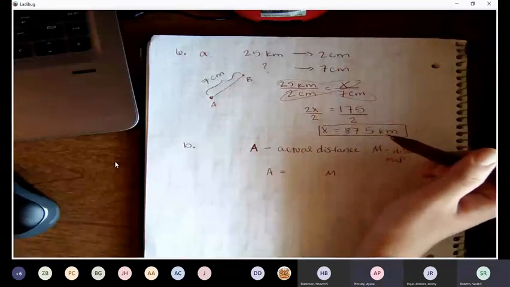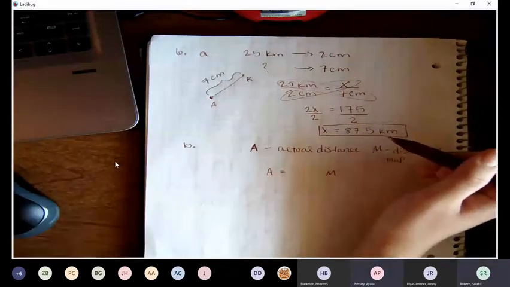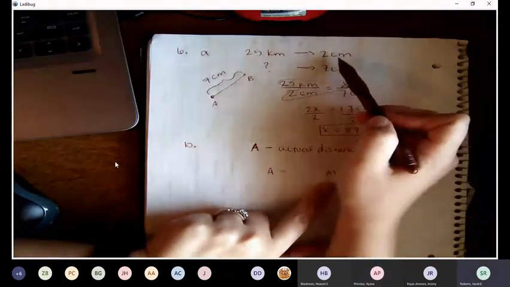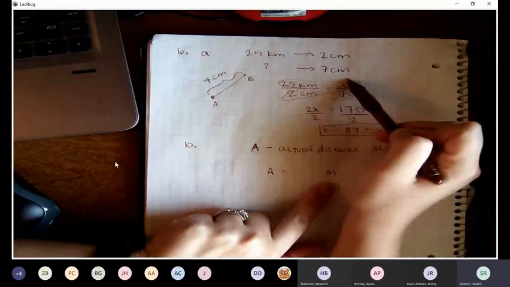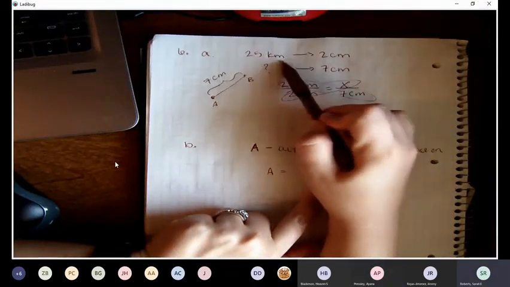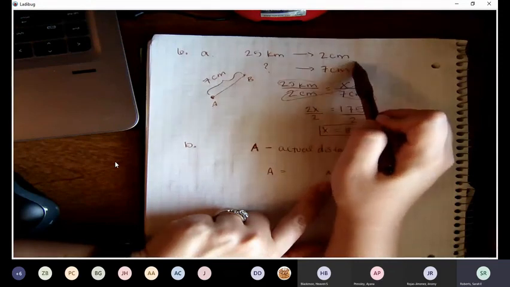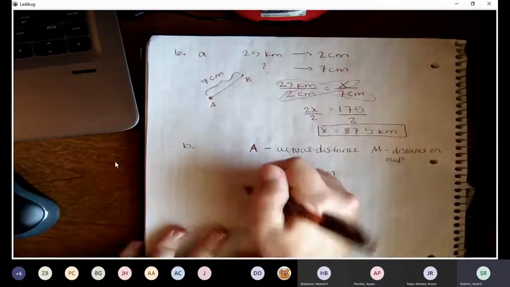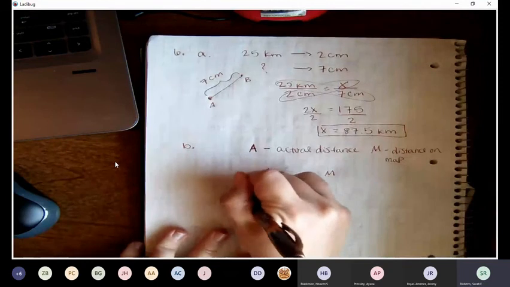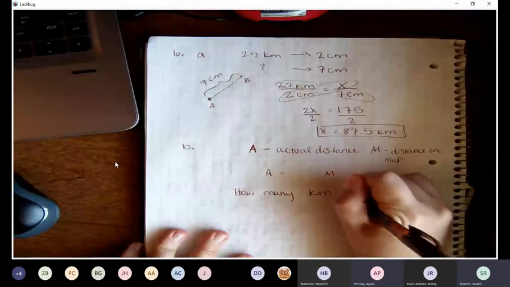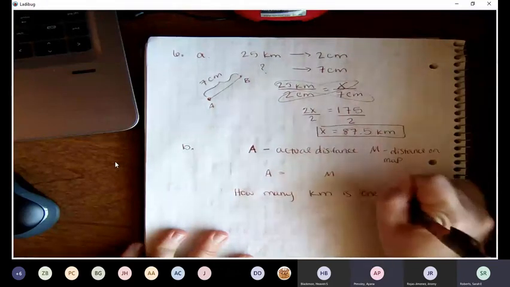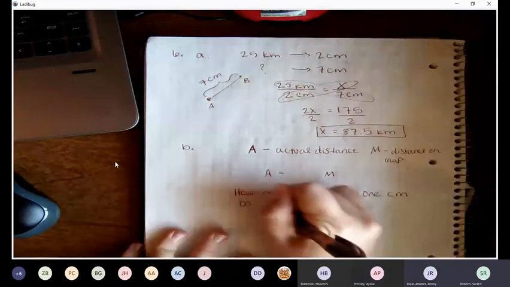You going in and out, what did you say? So basically we have a setup to find that proportion up here. Because we know that 25 kilometers is the same thing as 2 centimeters. So how can we figure out how many kilometers is 1 centimeter on the map?